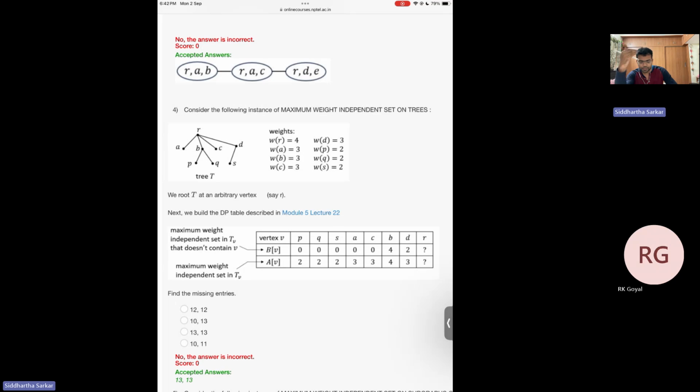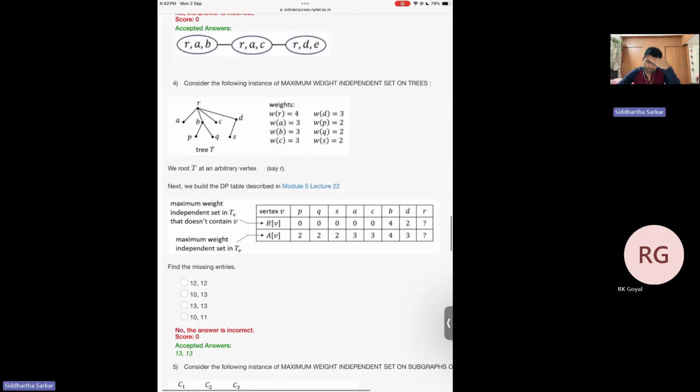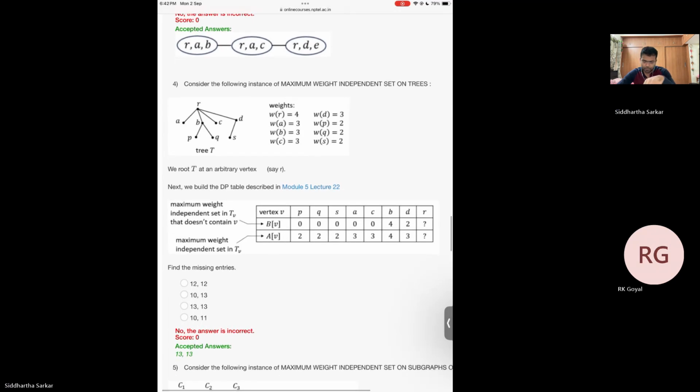And B of V was the maximum weight independent set in the same subtree rooted at V, but not containing V. So we could do a bottom-up computation from the leaves towards the root, and we saw how to fill these two arrays A and B.